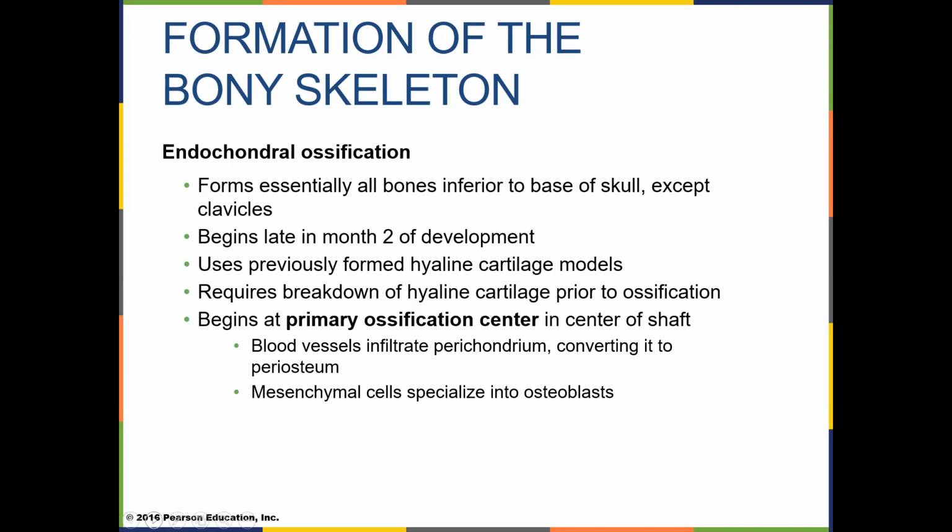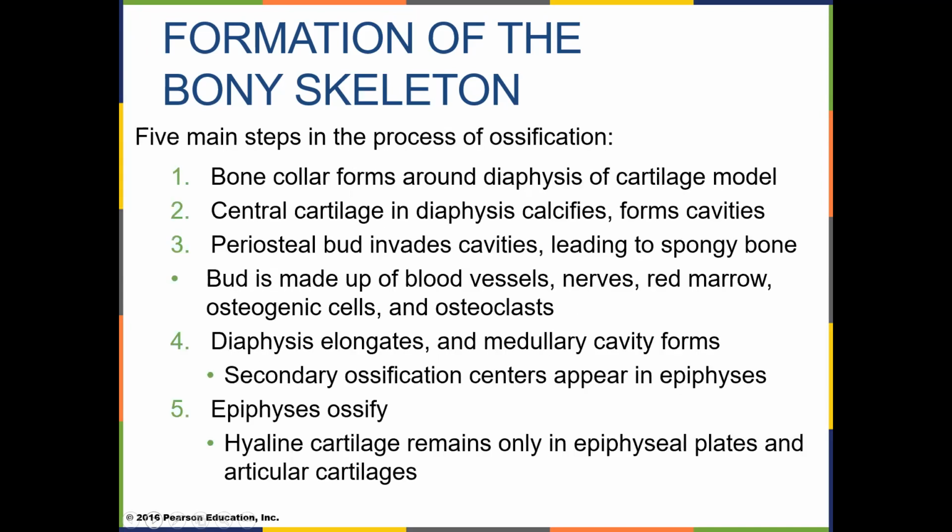So we start out, we form a ring around the long bone. We form a bone collar around the middle of the long bone, and we start forming matrix, osteoid there, thanks to the presence of the osteoblasts that have developed. So this ring, this collar, this ossification center forms around the shaft of the cartilage bone.